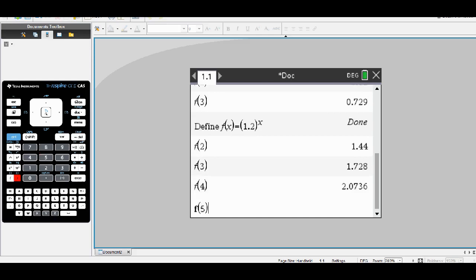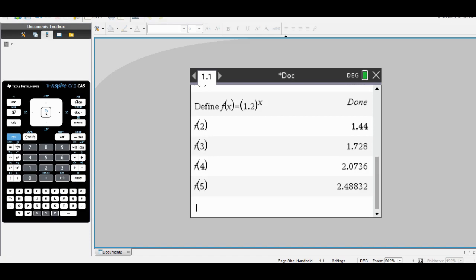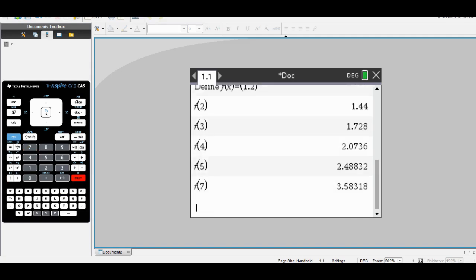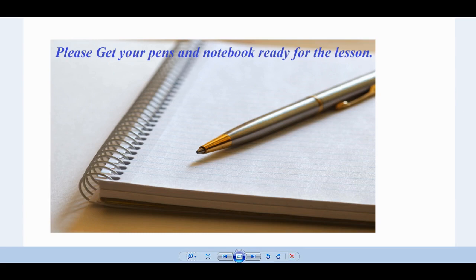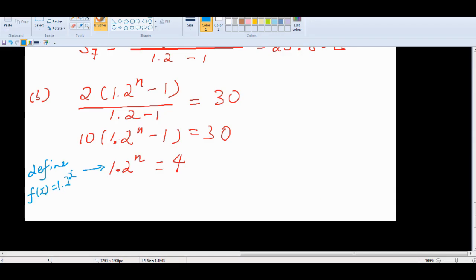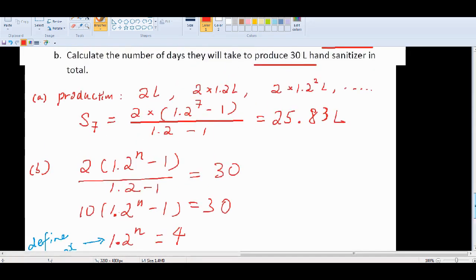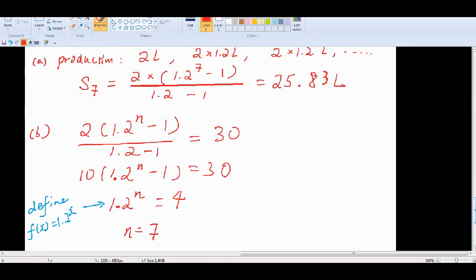Okay, I think we might go a little bit quicker. 7 is still not there. How about 8? So when 8 is past 4, and 7 is still less than 4, the conclusion is n needs to be 7.